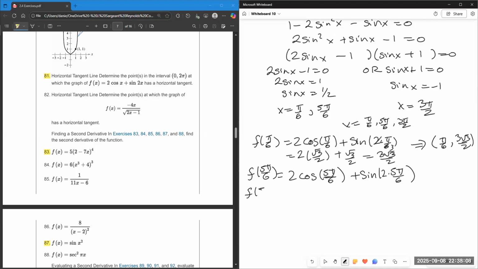So that will be 2 times, and then the cosine will be negative √3 over 2, plus, and then sine of 5 pi over 3 is a negative √3 over 2.